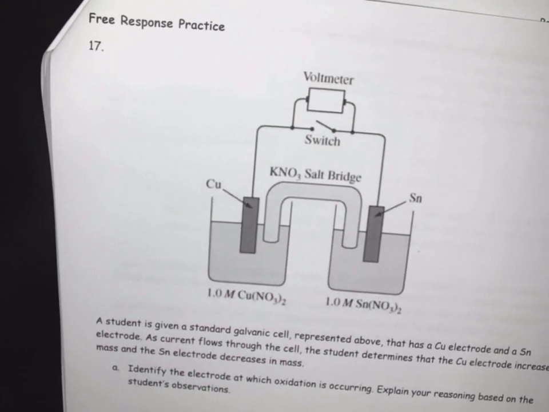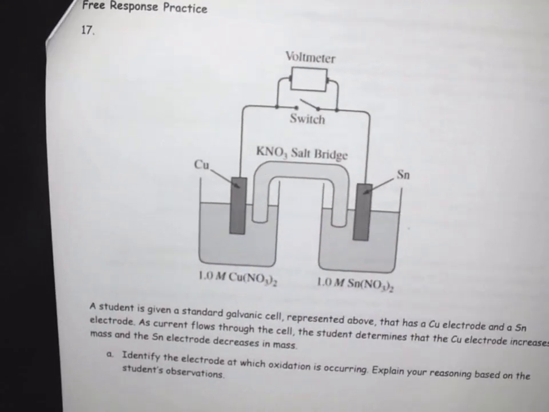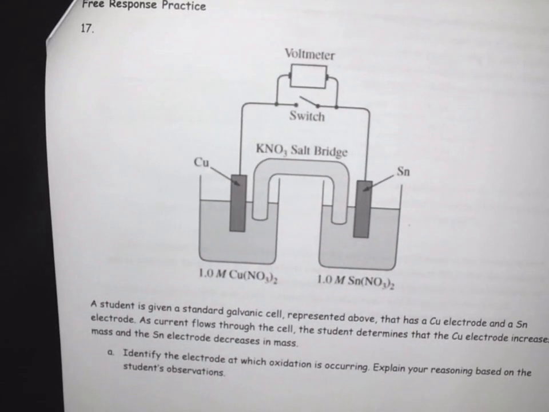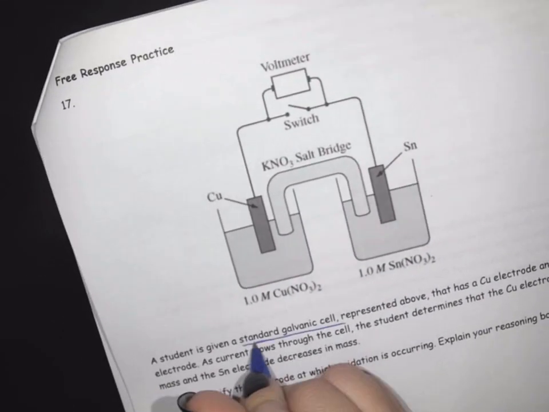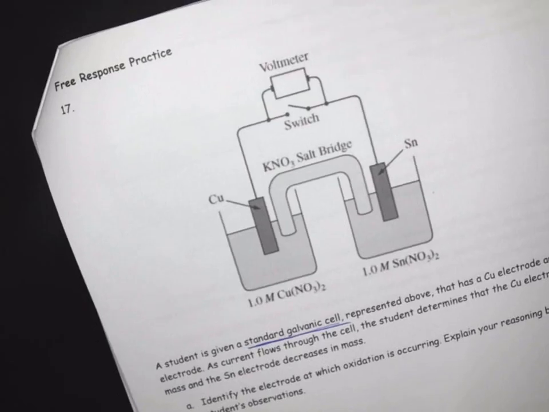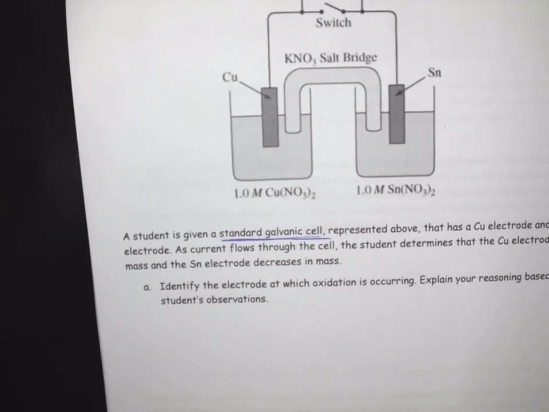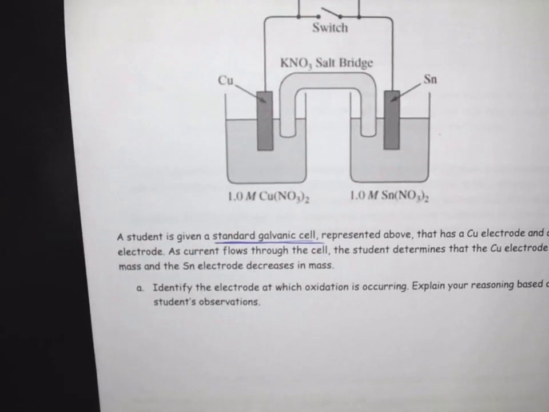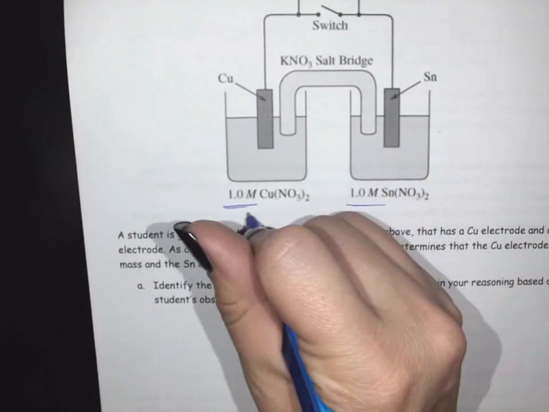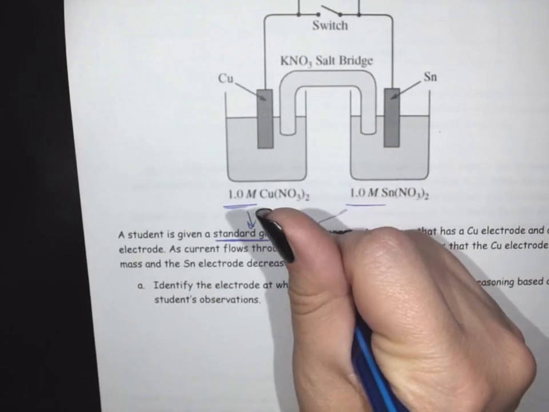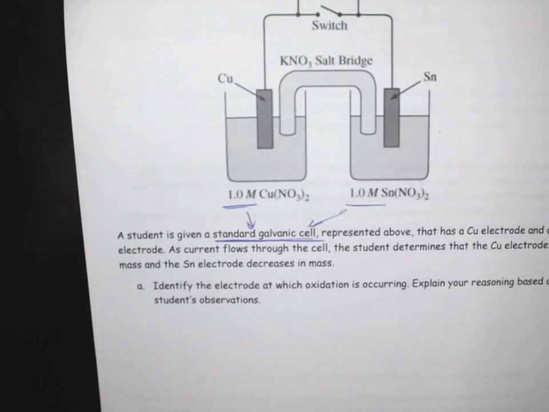Okay, I see copper and tin. Reminder, standard galvanic cell. So yes, it is at standard pressure, 1 atmosphere, temperature 25 degrees Celsius, but the concentrations are also standard, which is 1 molar. Okay.